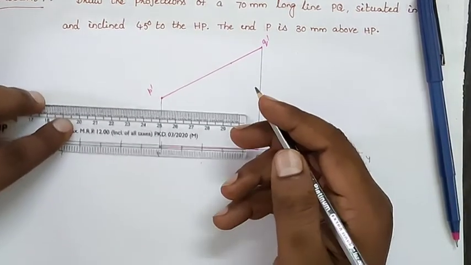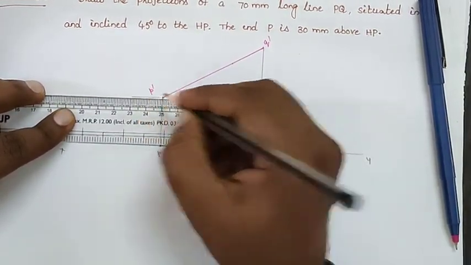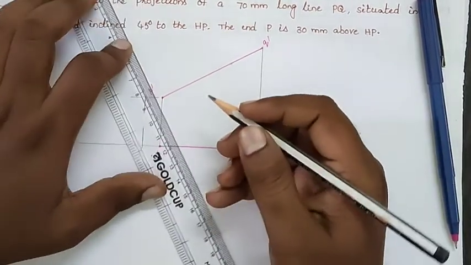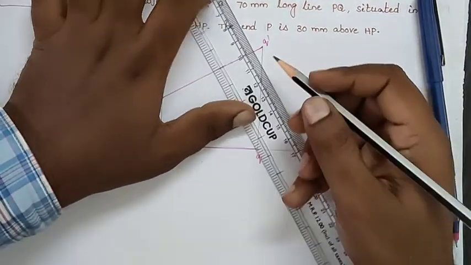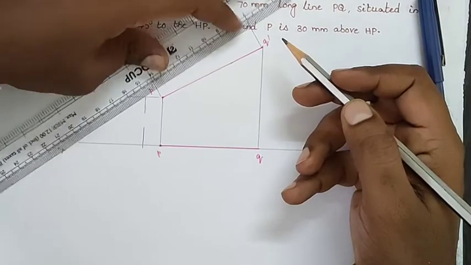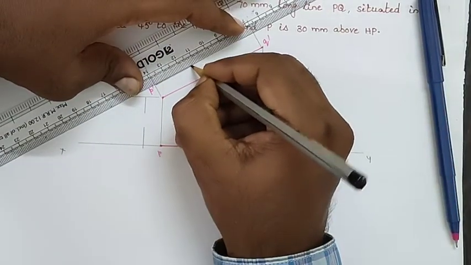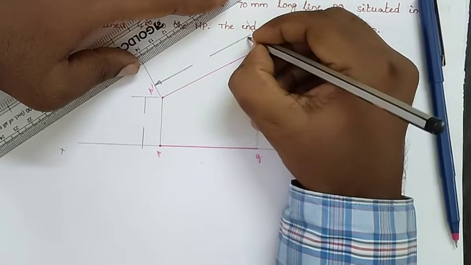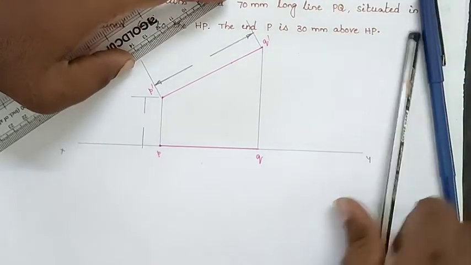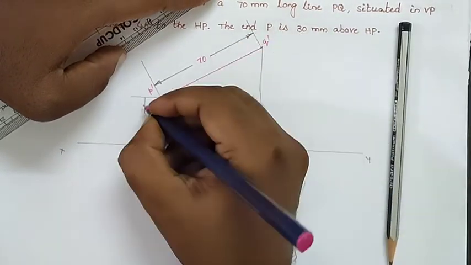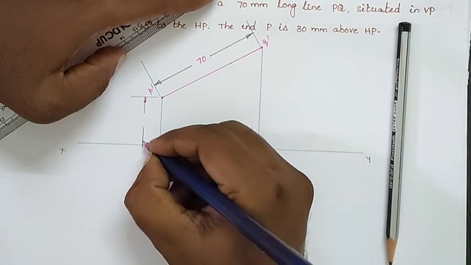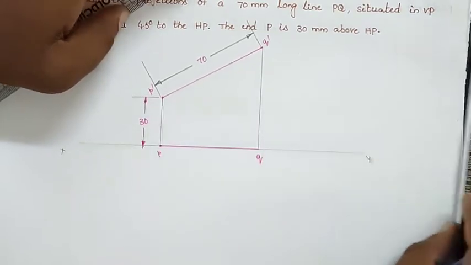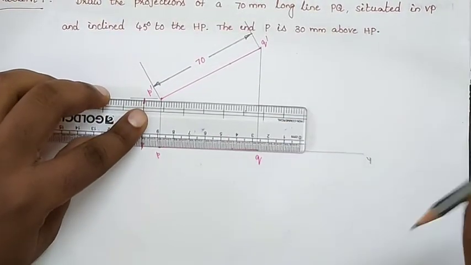Now we will give the dimensions. This dimension is 70, and they are clearly giving 30 mm above HP, and this angle is also clearly given as 30 degrees.